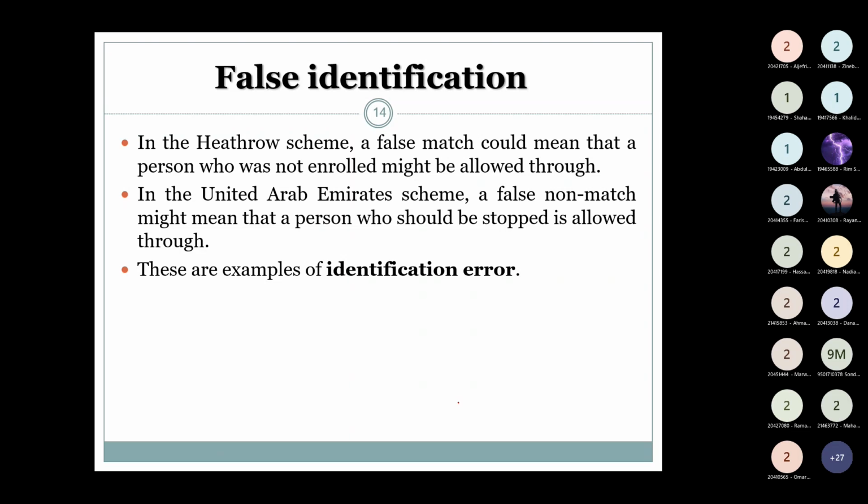False match could mean that a person who was not enrolled may be allowed through, because it is already checked by another person. In the United Arab Emirates scheme, a false non-match may mean that a person who should be stopped is allowed through.